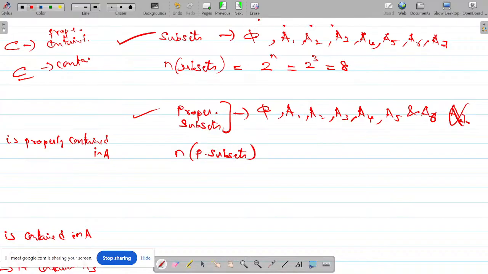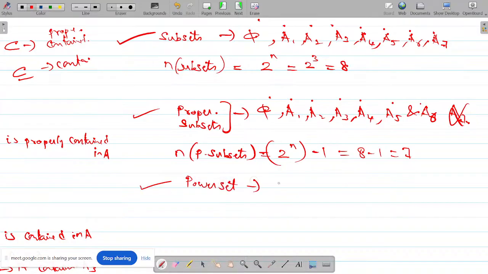Here it is 1, 2, 3, 4, 5, 6, 7. No 8 because A7 is not present. So I can write this as 2 power n minus 1. 2 power n is 8, minus 1, 7. Is it okay?